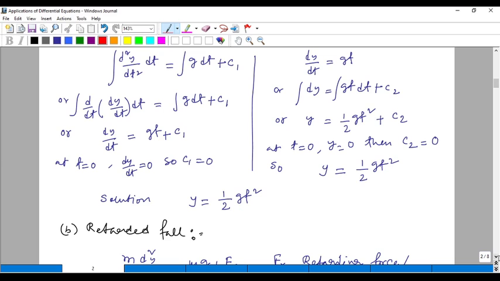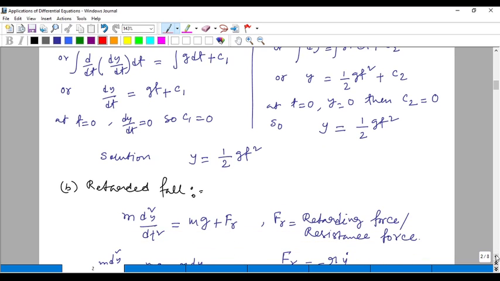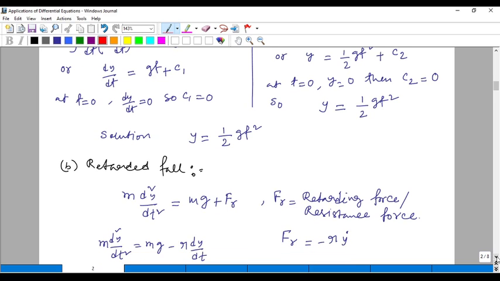Now we will consider the retarded fall. The retarded fall means the body is moving down in the presence of some resistance, that is some frictional force or viscous force. This frictional or viscous force arises due to the presence of the air medium.